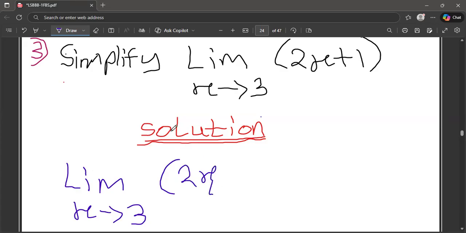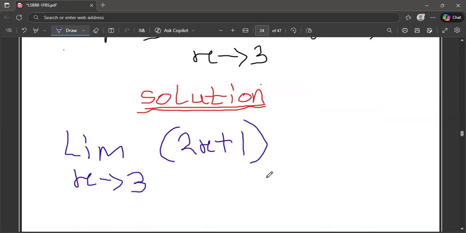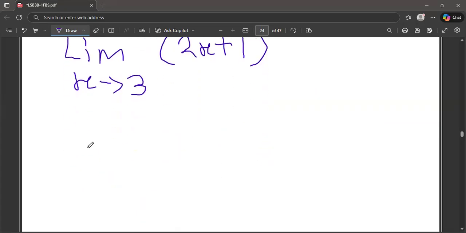2x plus 1. So 2x plus 1. Good. So how do we simplify this? First of all, we have to let the limit as x approaches 3.